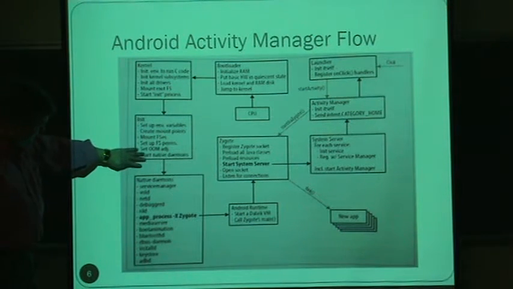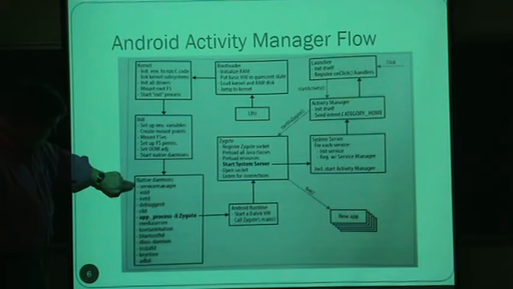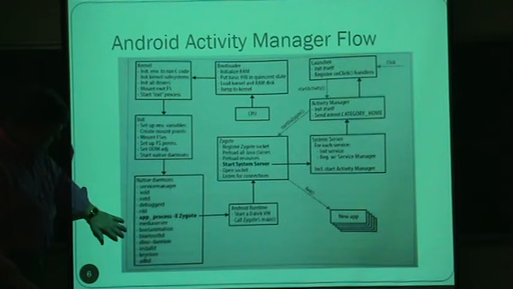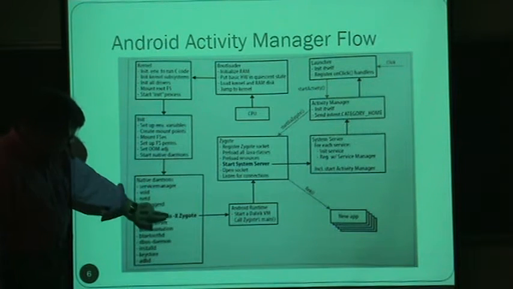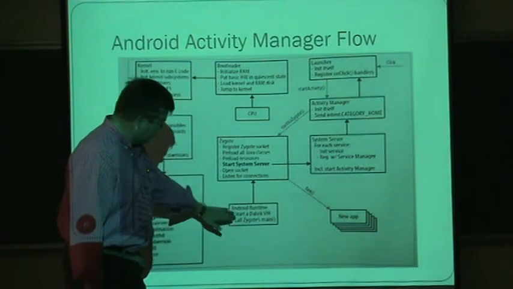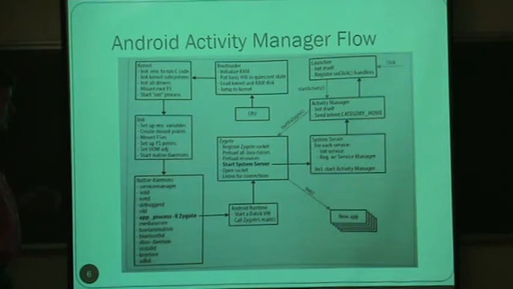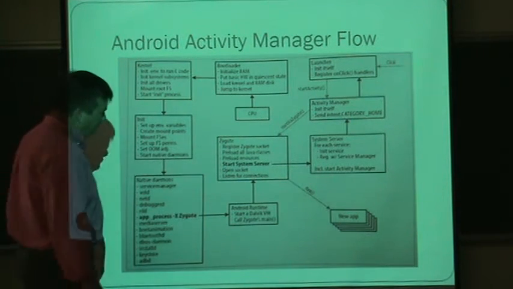And then the daemon processes run the service manager and a few different processes, but the most important one is the Zygote, which then kicks off the Zygote main function, which is now ready to begin having applications run.